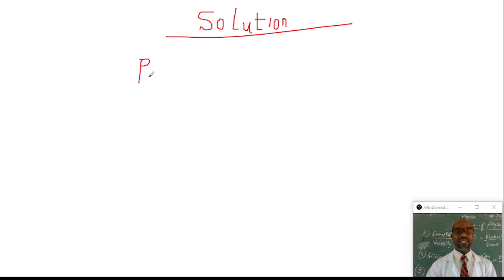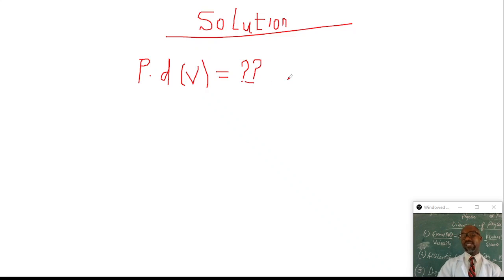PD is what we are looking for, and it is represented by letter V. Potential difference is unknown, so question mark. We don't know the value of the potential difference, so we need to find out what the value is.